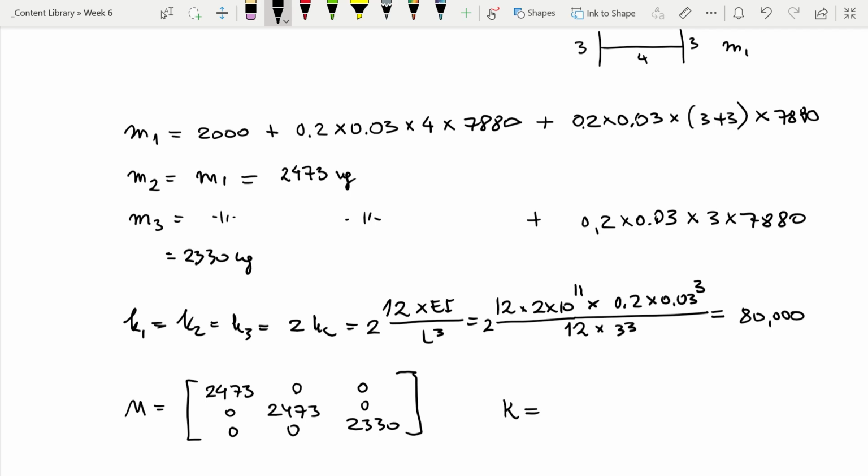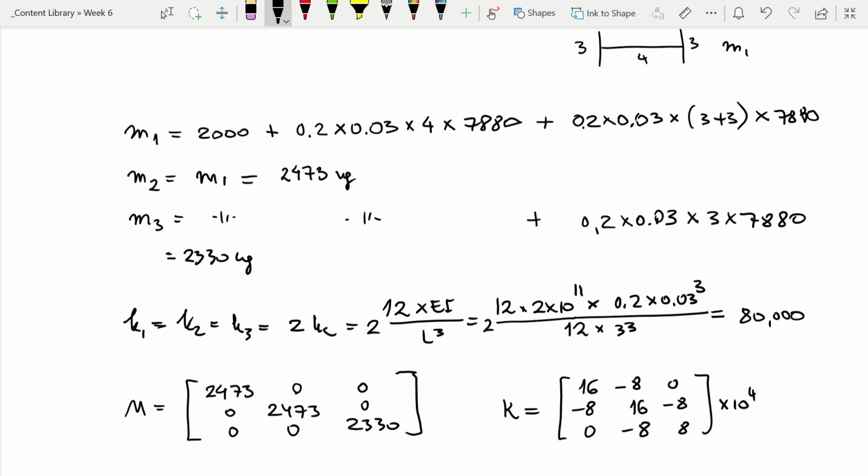And the K matrix, K1 plus K2, which is 16, minus 8, minus 8, K2 plus K3, 16, minus 8, minus 8, and 8, times 10 to the 4.